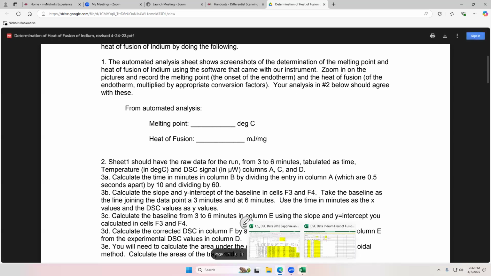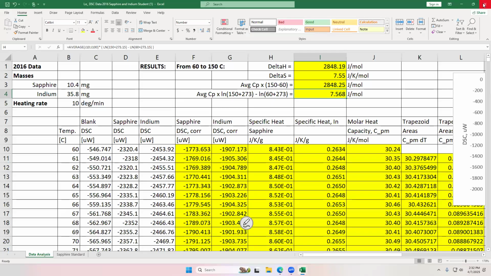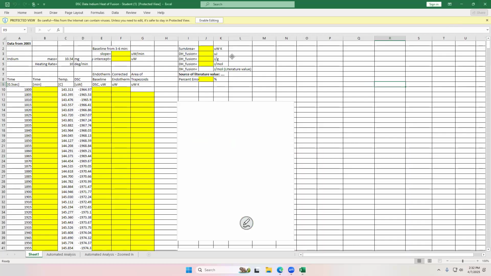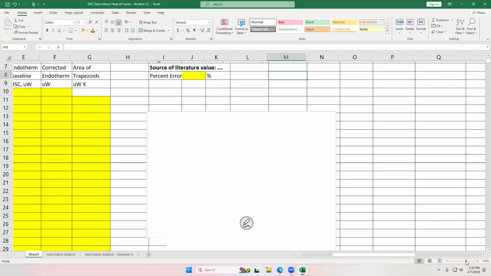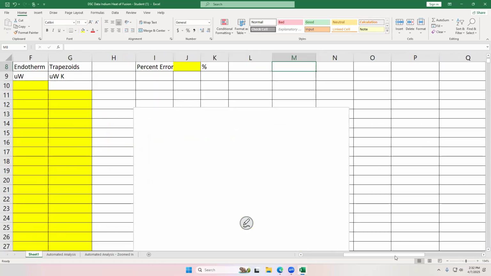Okay, so what do we have? Let me close this one first, from the heat capacity data. So this is our template for the determination of the heat of fusion of indium.